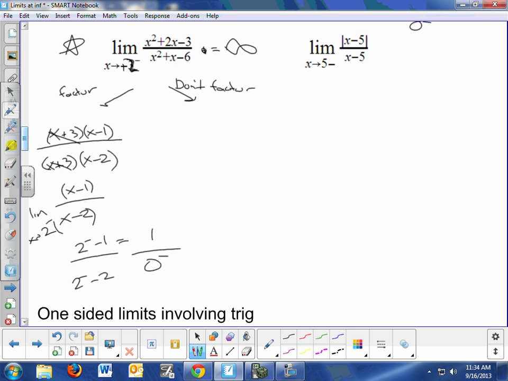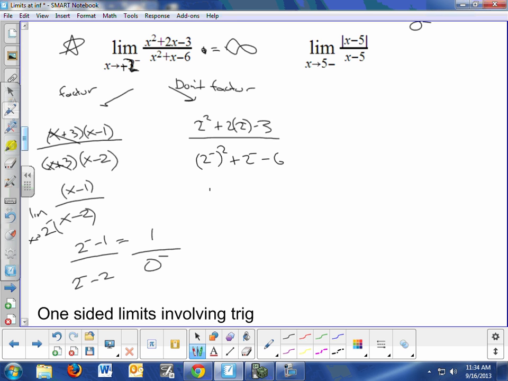You don't have to do this in factored form if you plugged in 2. So you'd just get 2 squared plus 2 times 2 minus 3. In the bottom, meaning this is 2 from the left. The bottom you have 2 from the left squared plus 2 from the left minus 6. Okay? So that's like 1.999. I square that.